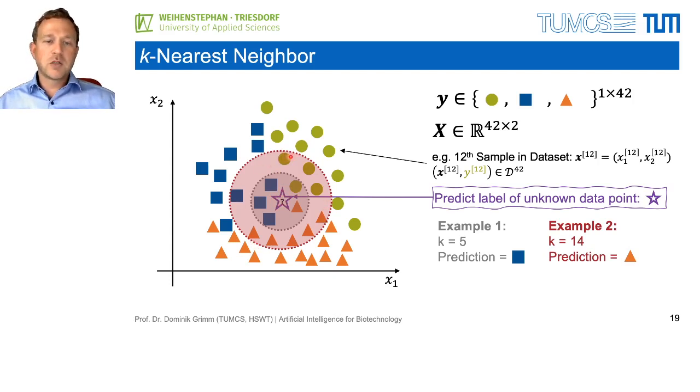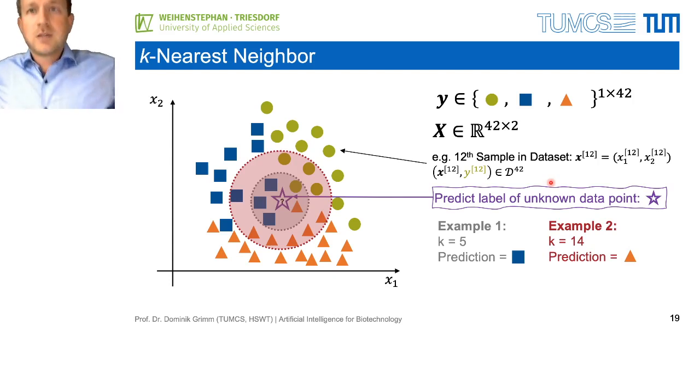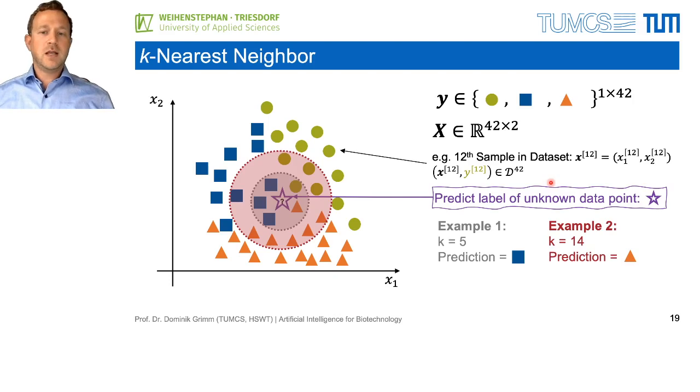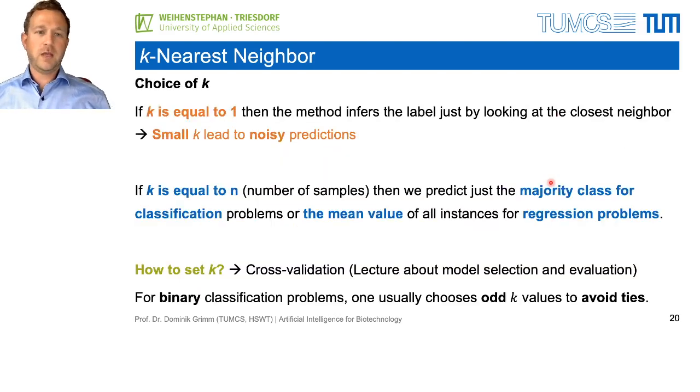And then our prediction would change, because the majority of these 14 points is not the square anymore, it's the triangle. So when we select k equal to 14, our prediction is the triangle. So now the big question is, how should we select k? What's a good choice for k?